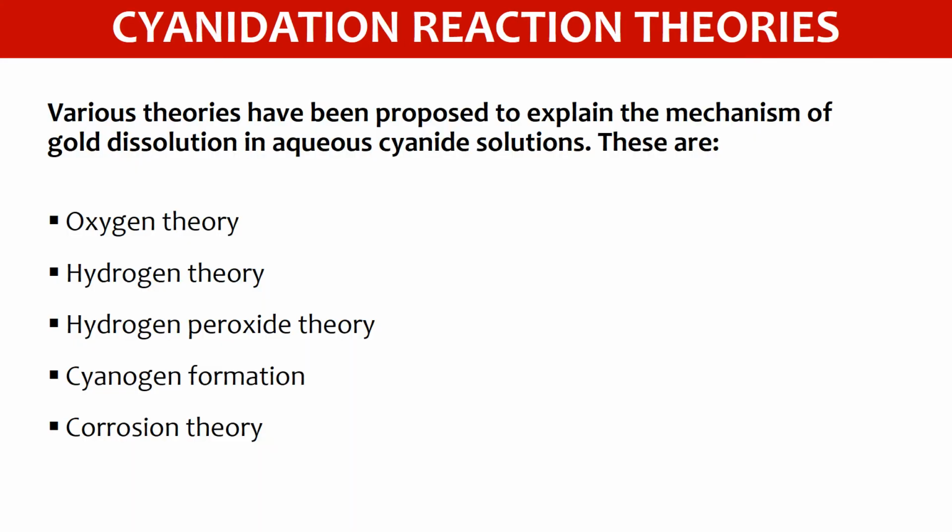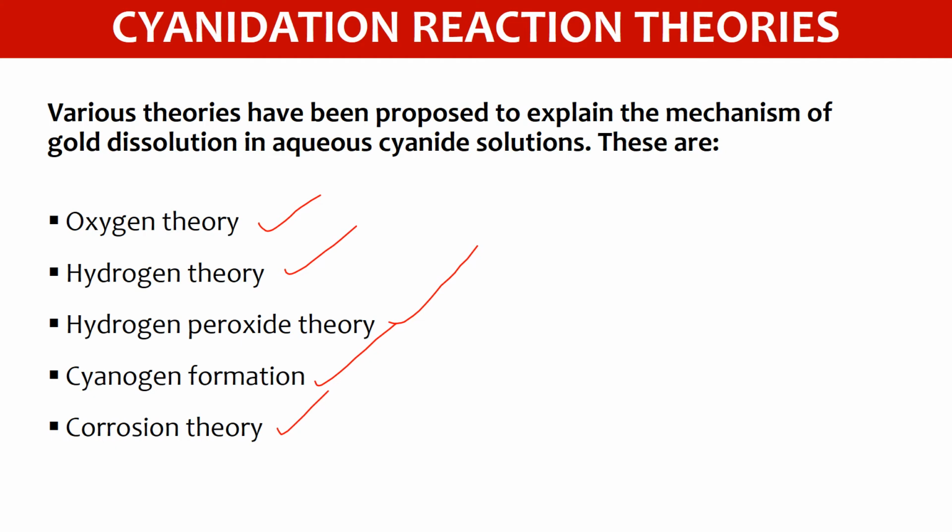Now, as I said before, there are various theories that have been proposed to explain the mechanism of gold dissolution in aqueous solution. So we have the oxygen theory, hydrogen peroxide theory, cyanogen formation theory, and also the corrosion theory. These theories are very important for you to know because they give you an idea of what steps are involved in the reaction.